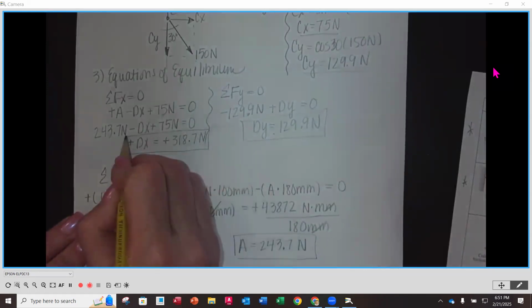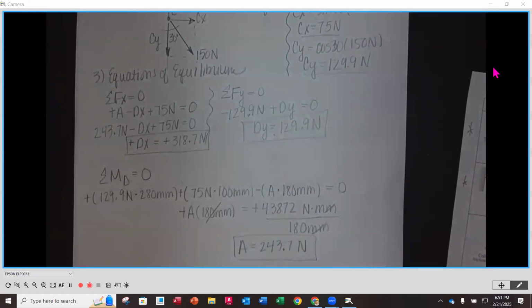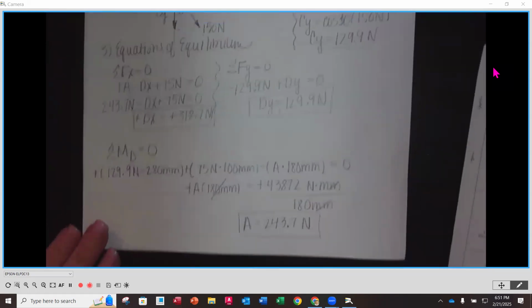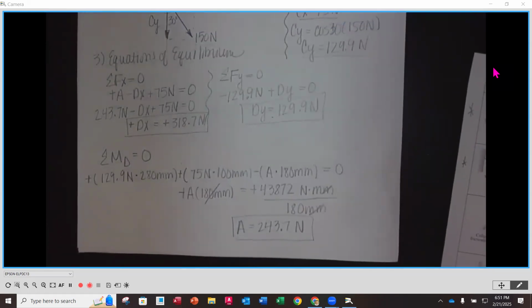I ended up with a positive value one more time. Our Dx is 318.7. Right.